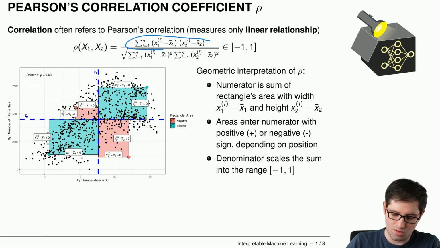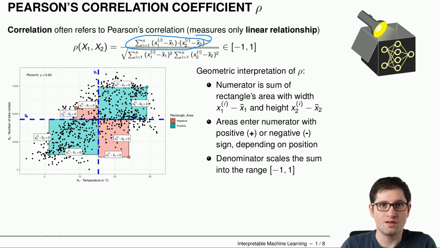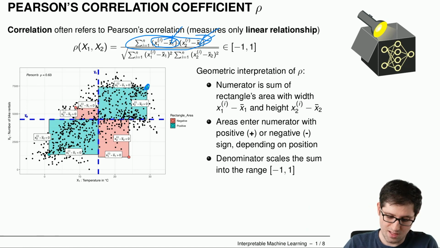Let's focus on the numerator here. The numerator is a sum of two values that are multiplied. Basically, what we are referring to here is the multiplication of this and this part.